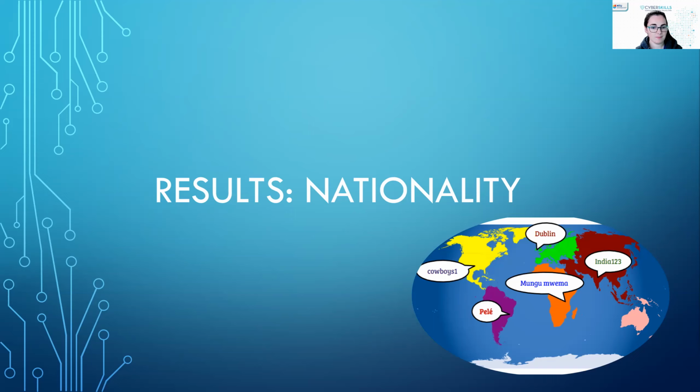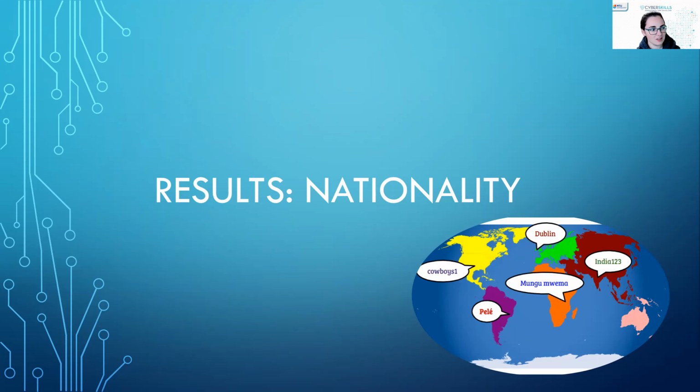The important thing here is that, yes, we know people from different nationalities choose different passwords, or at least we suspect they do. We're pretty sure they do. But it would be very easy for an automated program to tell the difference between a Chinese user's password and an English user's password. Because that's very obvious. There's not much of a challenge in that.